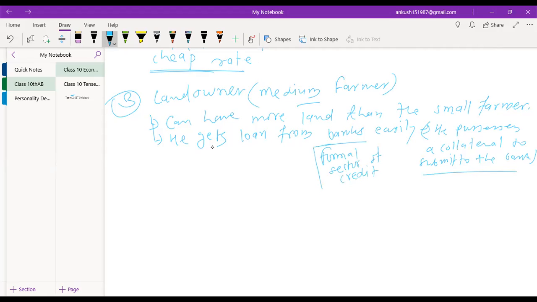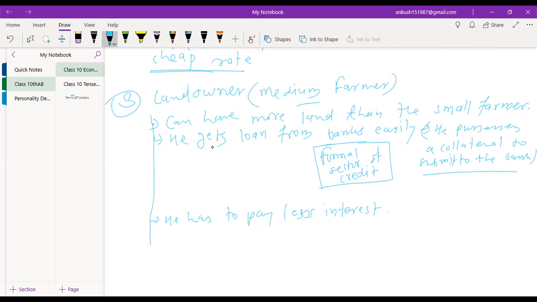Bank is considered as formal sector of credit. Understood? Where this landowner or medium farmer actually has to pay less interest on whatever he has borrowed from the bank.